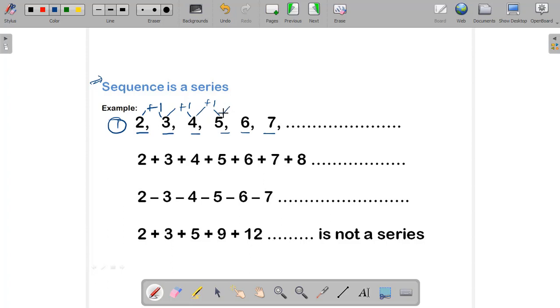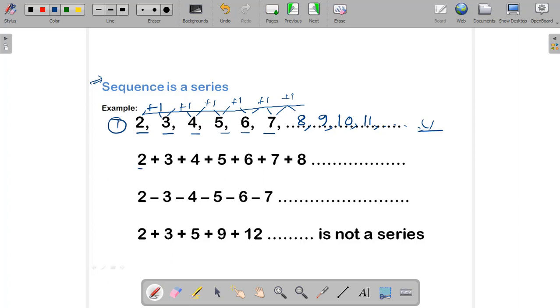Plus 1 with 5, we get 6. Plus 1 with 6, we get 7. Similarly, if we add plus 1 with 7, we get 8. After that we get 9, then 10, then 11, and so on. So there is a proper relation, and this relation is plus 1. So it represents a series, that is called a series.